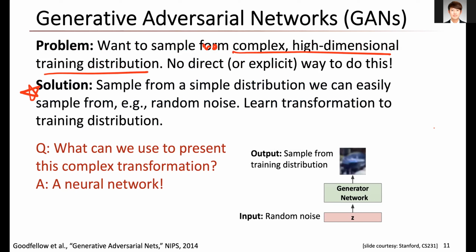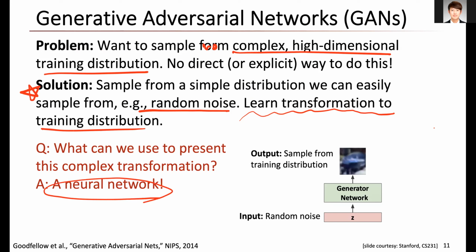We can easily sample from random noise, for example, and learn a transformation to the training distribution, from random noise to the image domain. What can we use to represent this complex transformation? Maybe a neural network is going to be the solution, right? Why? A neural network has very good capacity to represent the mapping function between random noise and the image space. So let's use a generative network.